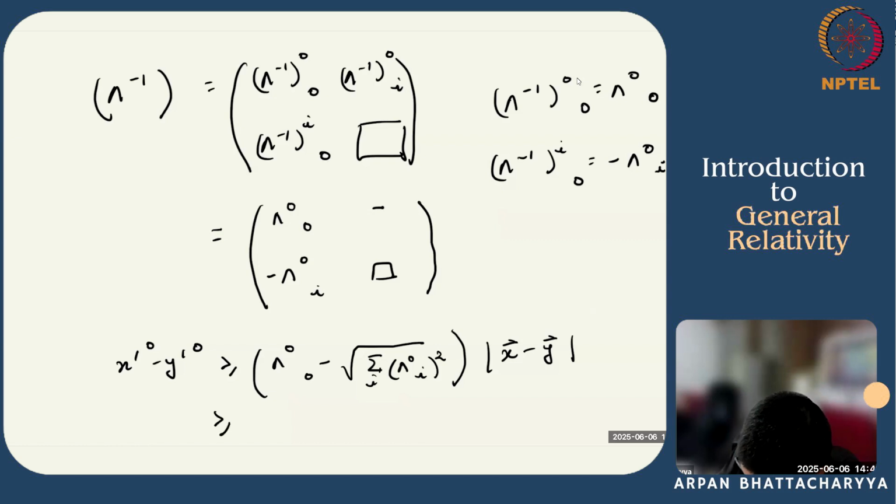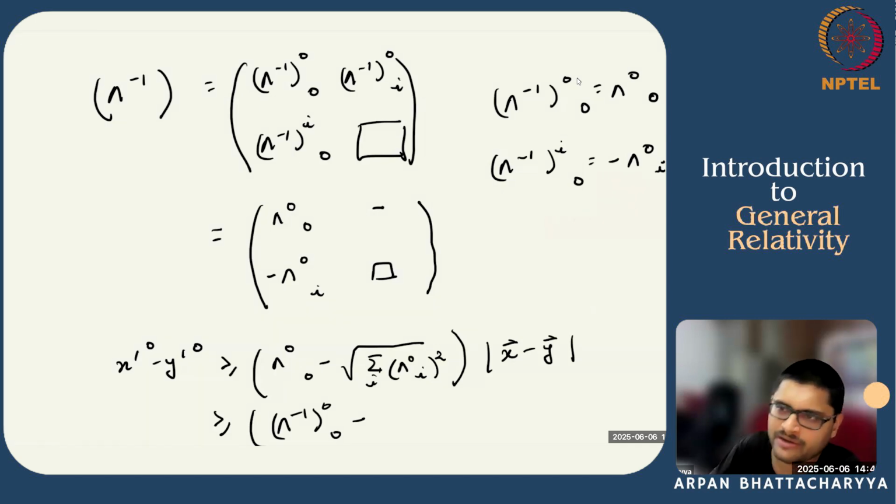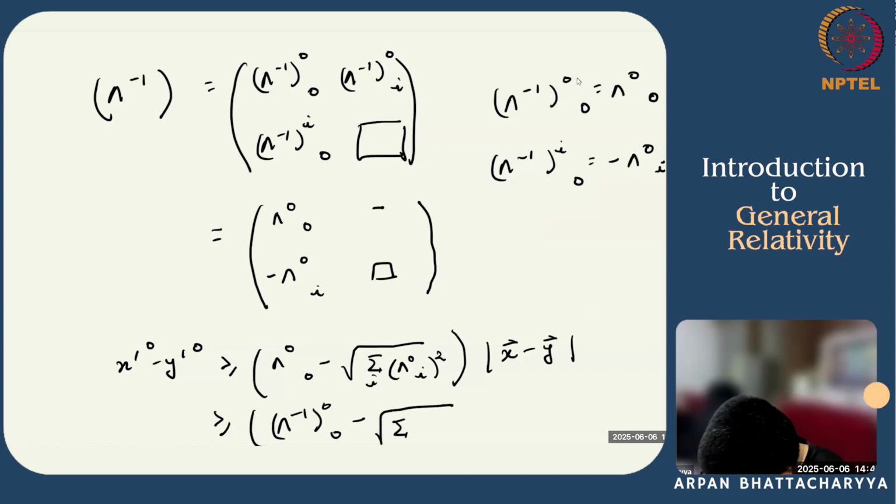Let's do this. Inverse of 0 I. There is a minus sign attached to these two, but we use the square and sum, so it doesn't matter. And square of it. Let me write it carefully here.